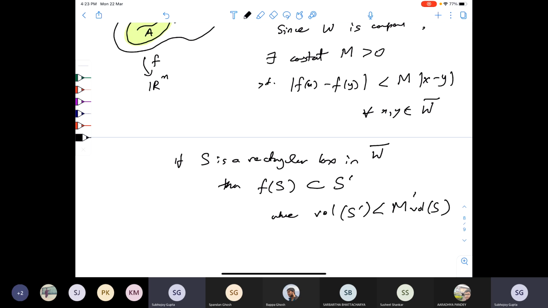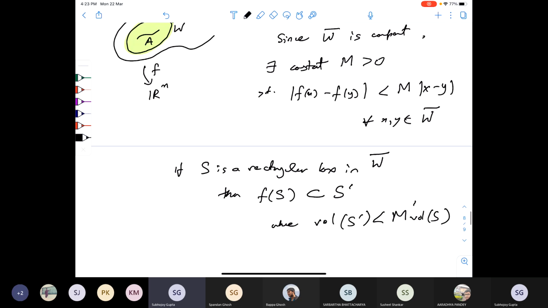Well, it's because points in S are only going to be moved by this factor m.